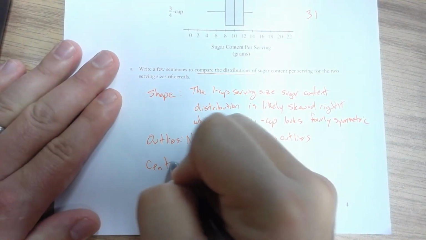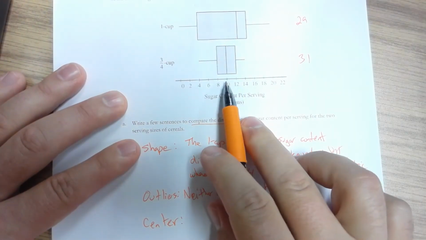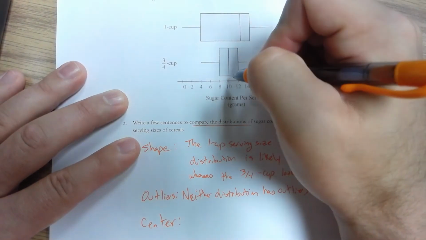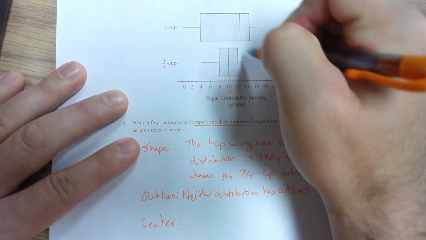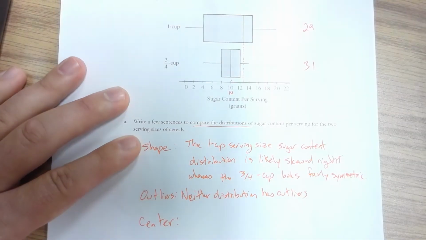Center, I'm going to go with median here since it's really the only one I've got to quickly compare. The numbers are pretty easy in a box plot to estimate. So it looks like I got about 10 here and a little bigger than 12.